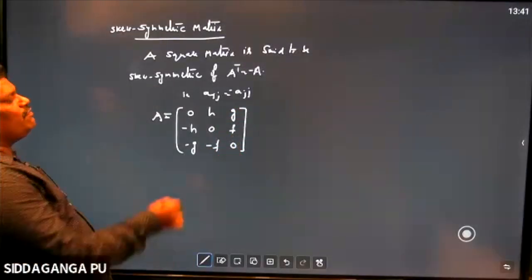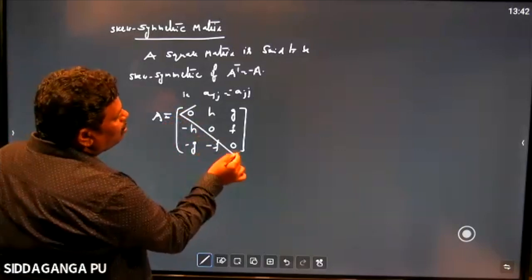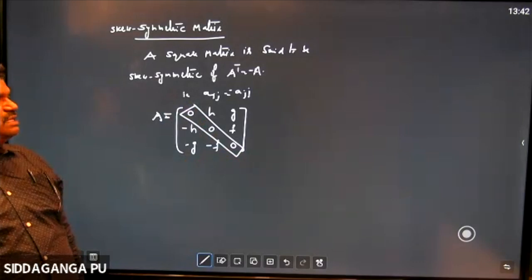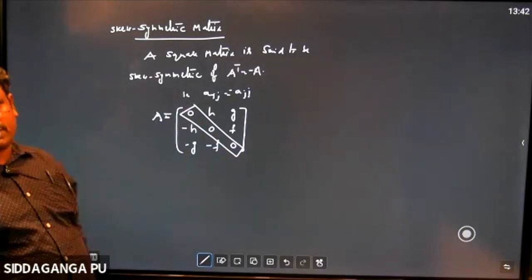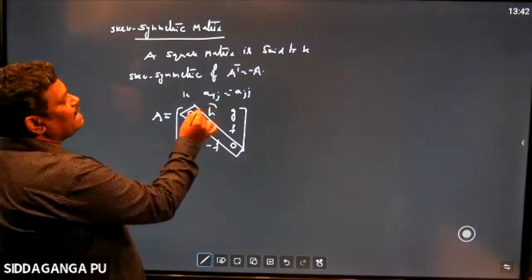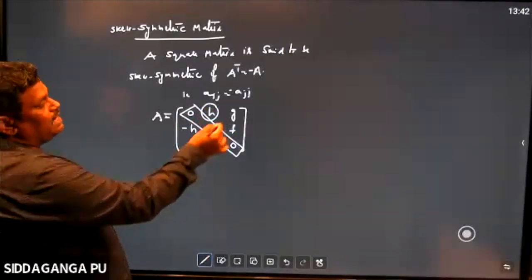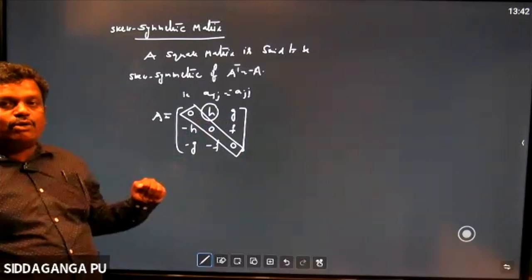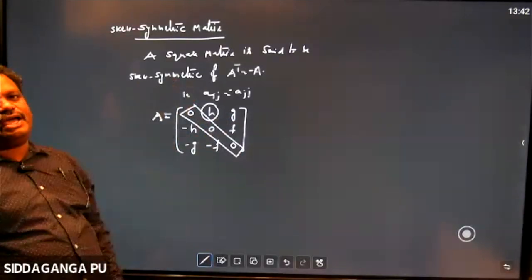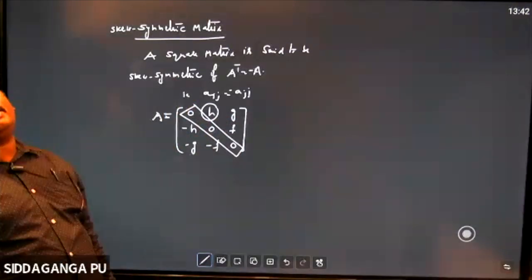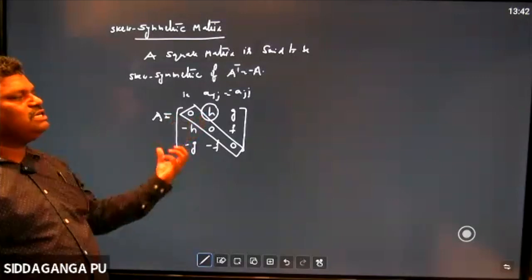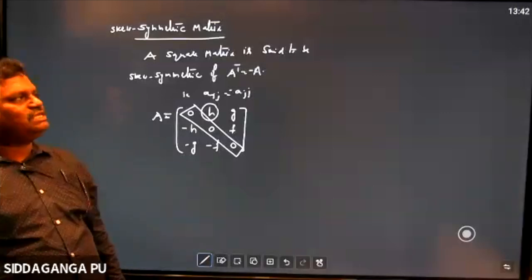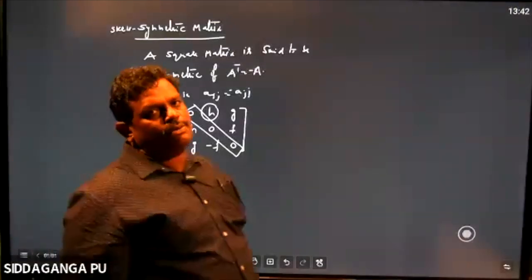Another point to remember: in a skew symmetric matrix, all the principal diagonal elements must be 0, and we take opposite signs. Here H there means minus H on the opposite side, G means minus G, F means minus F. Or, below the principal diagonal the elements are positive and above the principal diagonal the elements are negative. That is also the standard form of the skew symmetric matrix: opposite signs of the elements, and the principal diagonal elements must be zeros.